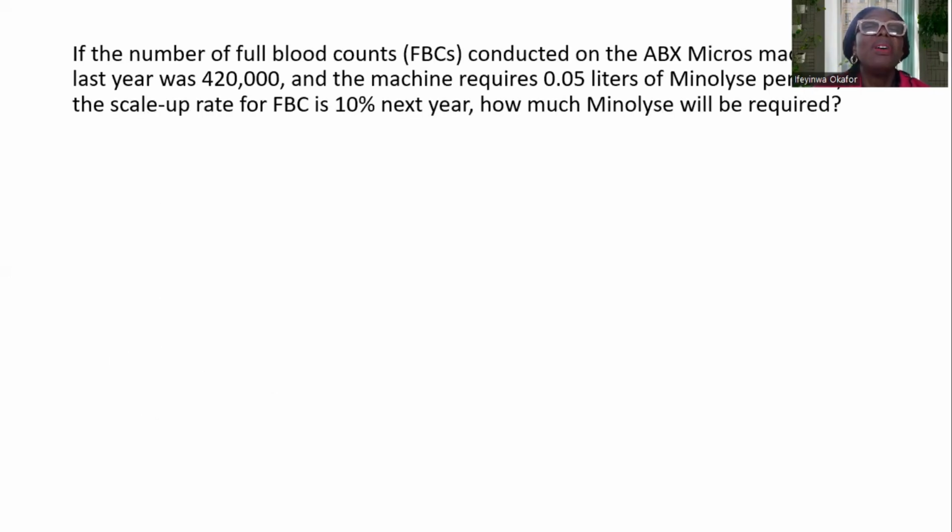If the number of full blood counts conducted on the ABS Micros machine last year was 420,000, and the machine requires 0.05 milliliters per test, if the scale-up rate for full blood count is 10% next year, how much will be required?